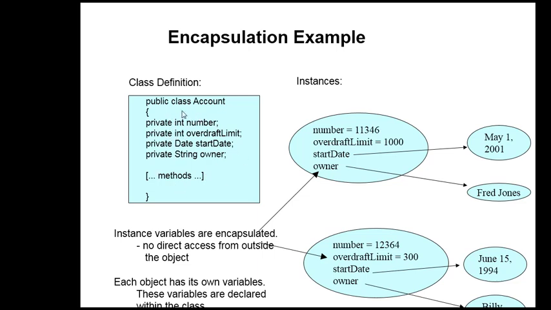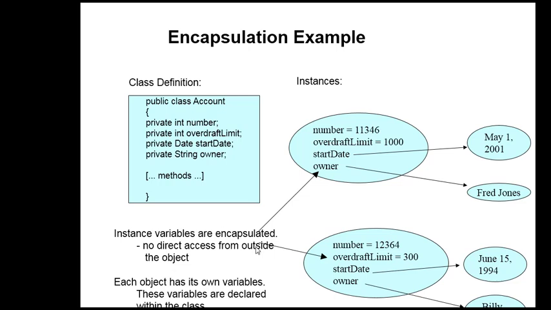You have to define a class Account, and the data members, the data variables, will be declared as private: private integer number, overdraft limit, start date, string owner, and the methods. Instance variables are encapsulated, so there is no direct access from outside the object, because the instance variables are made private.